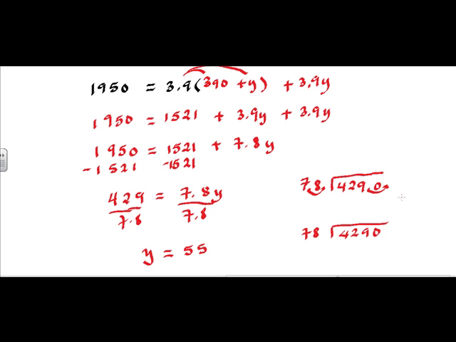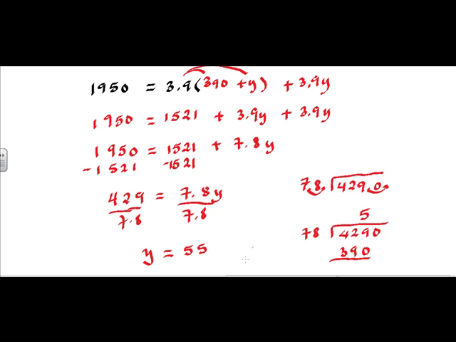We can estimate roughly: you have 4, too small, so try 5. Because 8 times 5 is 40, put 0 carry 4, and then 5 times 7 is 35, plus 4 is 39.